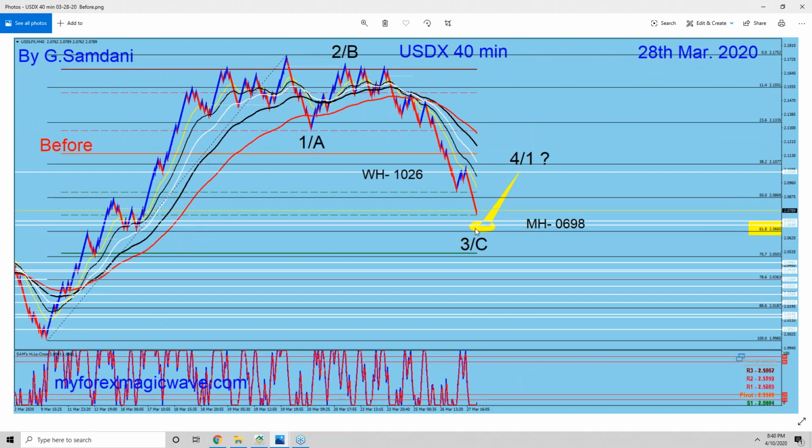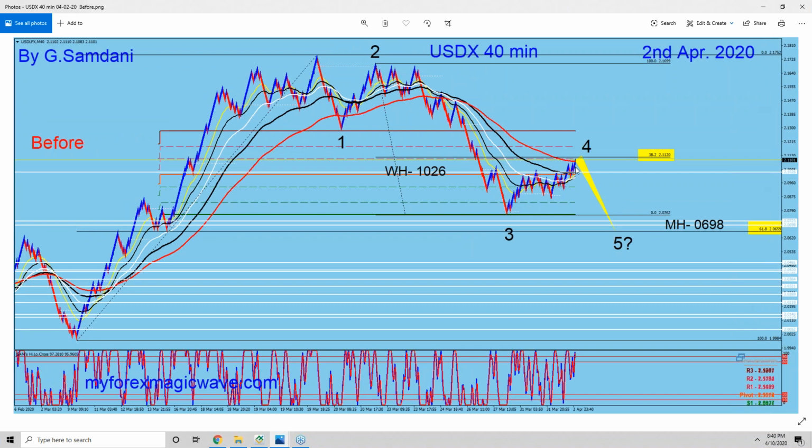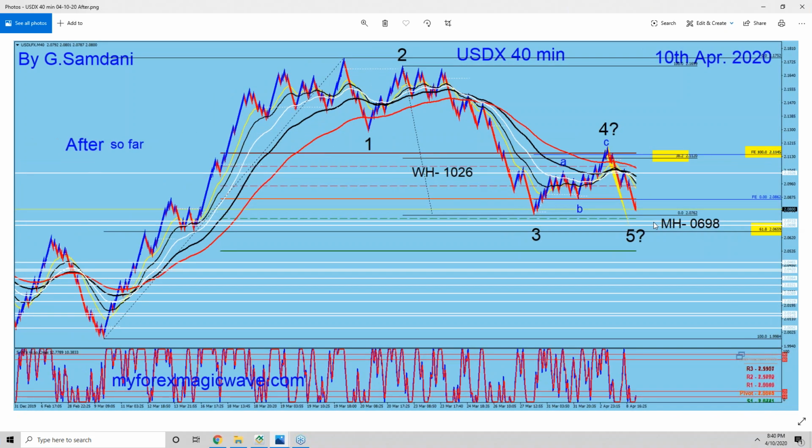The wave 3 is probably going to finish here, and then it's going to go up for wave 4 up here, and then wave 5 comes down here. Look what happened: it went up all the way there for wave 4, right? Then I said, okay, wave 4 is finished, we're going to be coming down for wave 5, and this is where we end up as of Friday. Wave 5 is still going on, and it may drop a little bit more or not, I don't know, but so far so good.